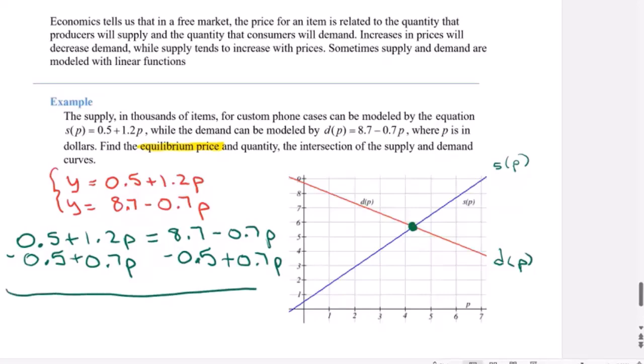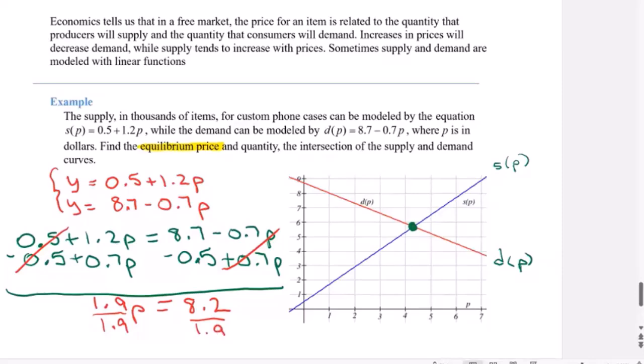Now, when I add these two equations together, 0.5 minus 0.5 is 0, gone. 1.2P plus 0.7P is 1.9P is equal to, so we have 8.7 minus 0.5, we get 8.2, and negative 0.7P plus 0.7P is 0, that goes away. I can now divide both sides by 1.9.